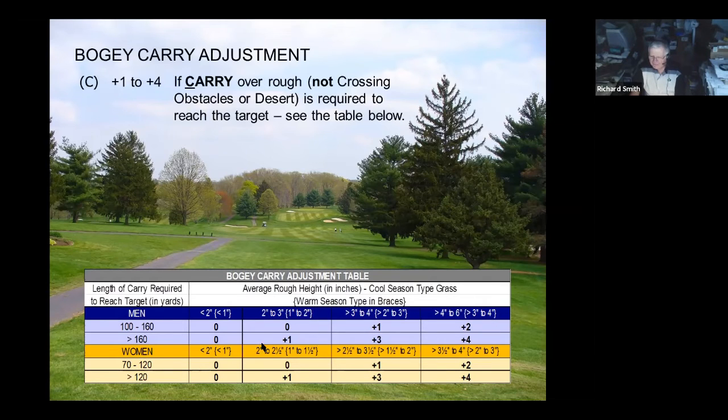At the shorter of these distances, the rough has to be greater than 3 inches here, 4 inches here. So we mostly would get this if it's longer. If it's over 160, then for the more common 2 to 3 inch rough, we'd start to get this adjustment for the bogey golfer.